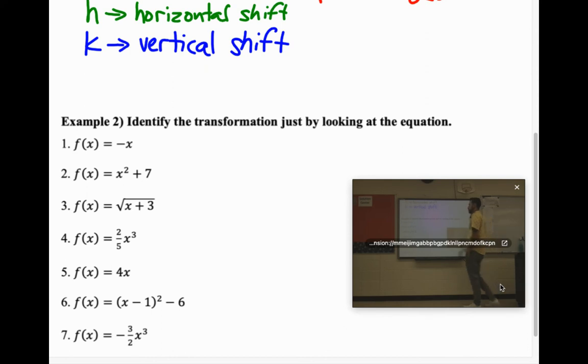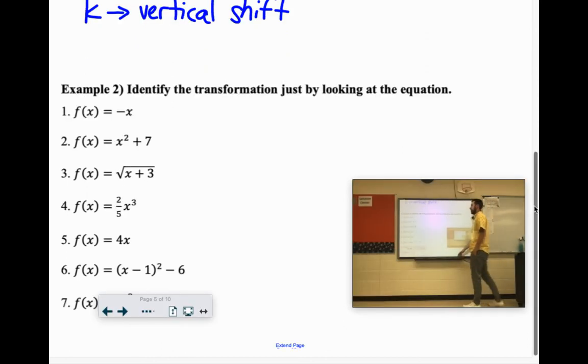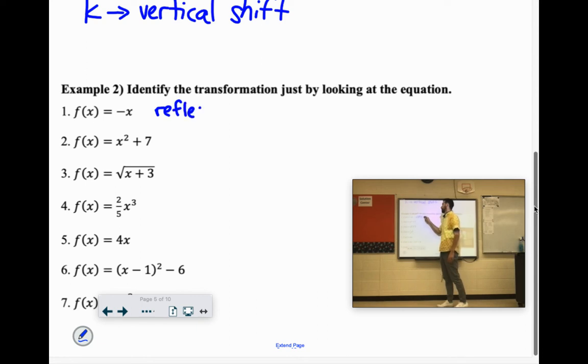Identify the transformation just by looking at the equation. Here I see a negative in front of the x, so that just means it is reflected. Here I see the x squared plus 7. It's not in parentheses, so that's your vertical shift.